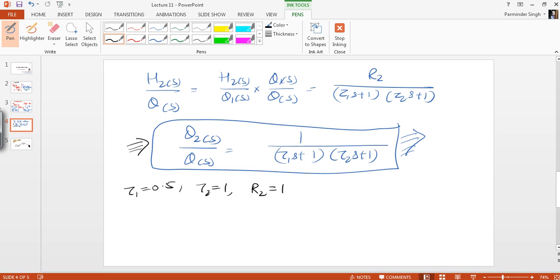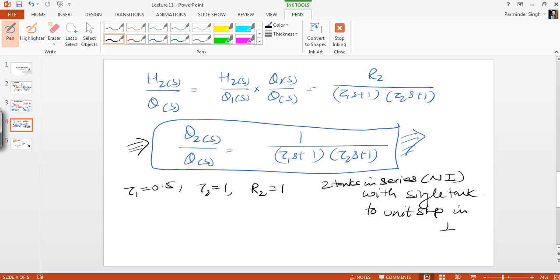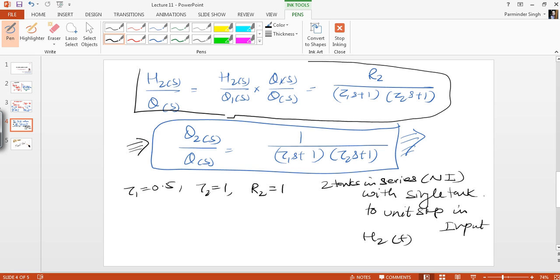So we're going to compare the response of two tanks in series, non-interacting, with a single tank, to a unit step change in input. If there is a unit step change in input, how does H2(t) change? How does the height vary? Clear?